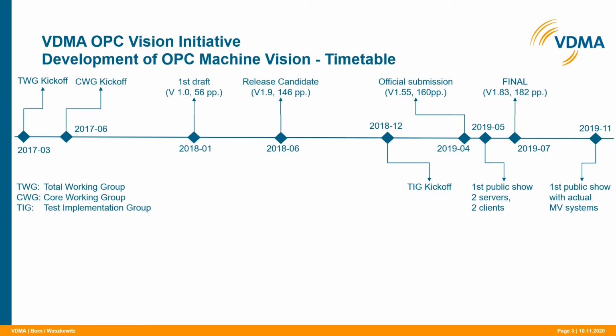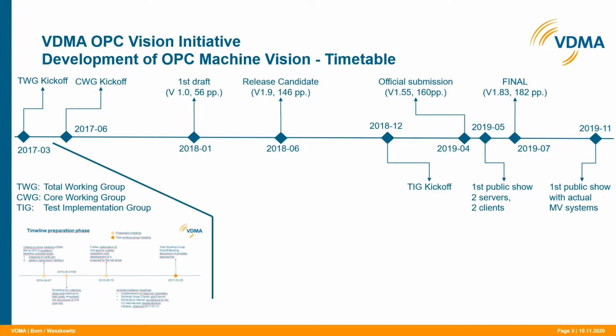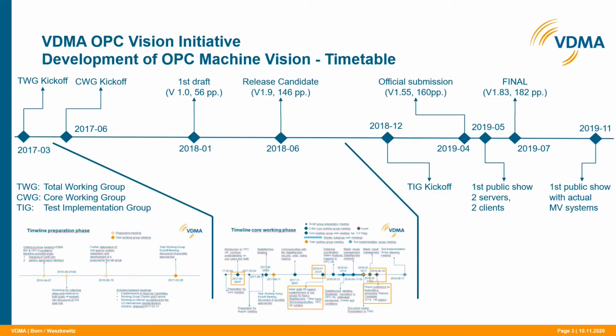Here you see a timeline of the development of the OPC Machine Vision Companion Specification Part 1. It took us a little more than a year to get from the kickoff with the total working group to a release candidate, involving quite a few meetings of the core working group, as you can see in the detail view of this phase, and a lot more homework which you do not see.